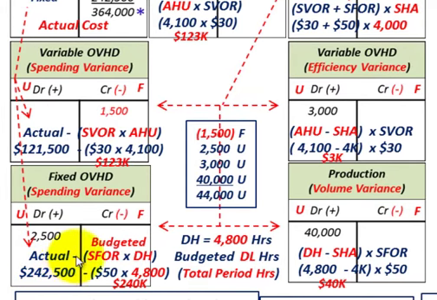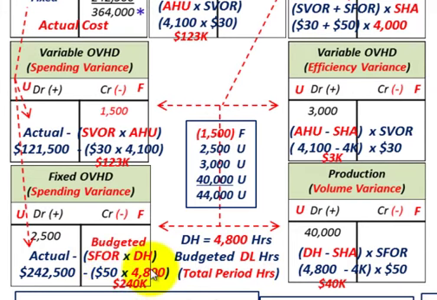So that would be our standard fixed overhead rate times those denominator hours, those total 4,800 hours. That was the budgeted total direct labor hours for the period here. So standard fixed overhead rate, $50 per hour times 4,800 hours, the budgeted denominator hours. That's going to give us $240,000.